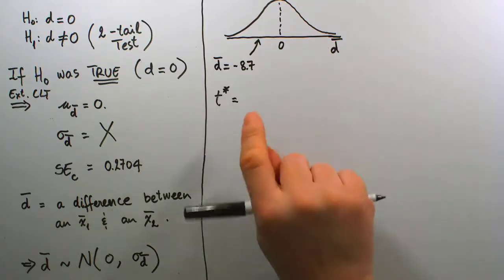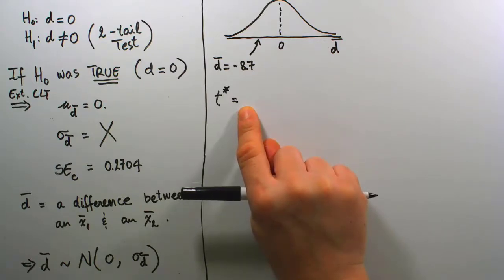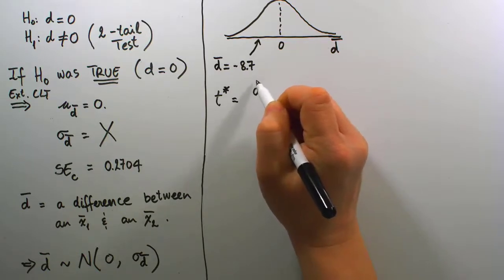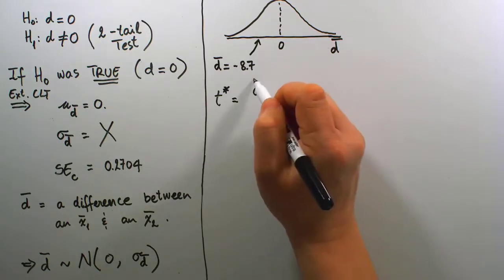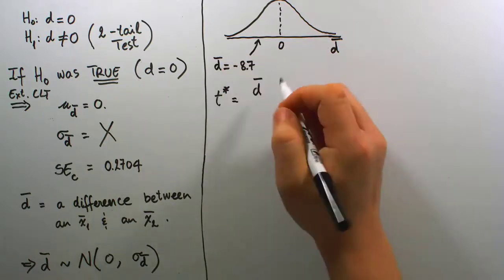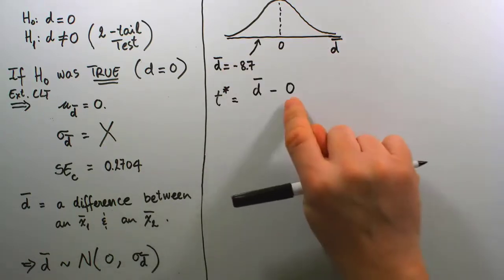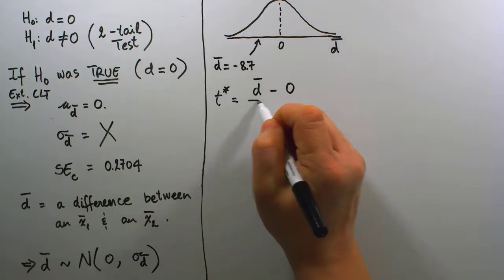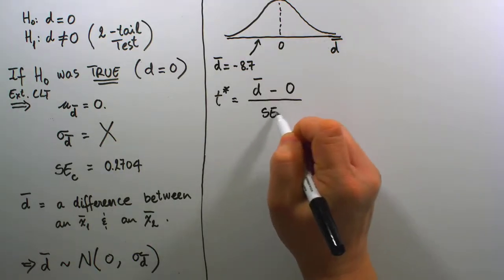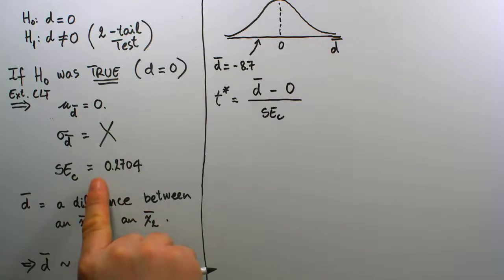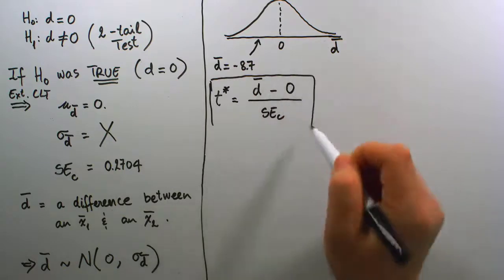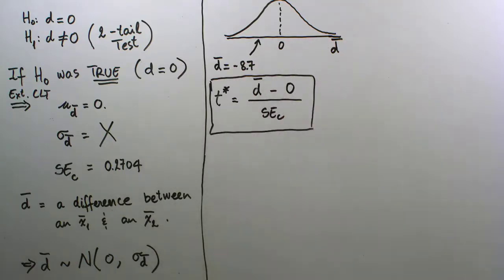Drawing some experience out of part A, t star generally, anytime we're comparing two population mean values, we can take right from where our sampling difference is, subtract 0, which is theoretically the mu of d bar value, and divide that by the SEC that we have calculated previously. So this is a formula for t star, something that we can draw out from part A of our work earlier.